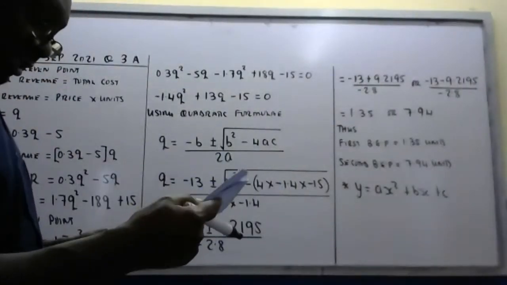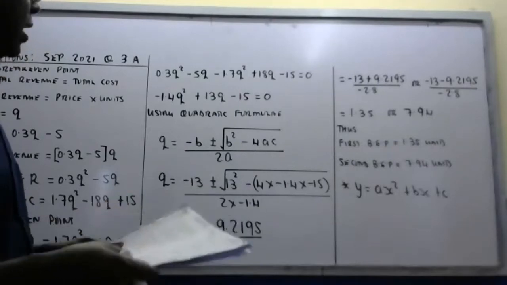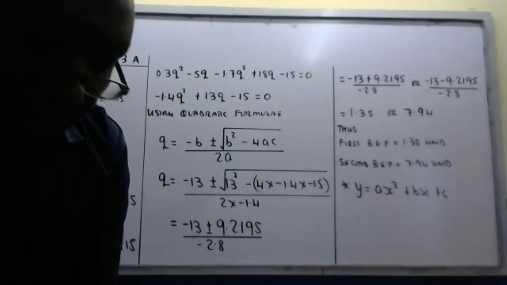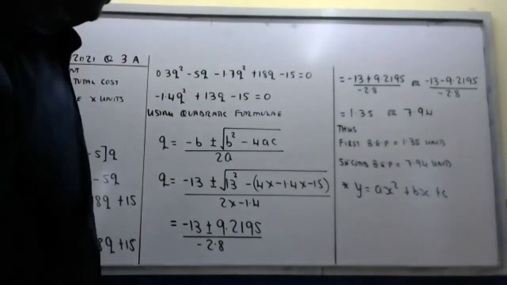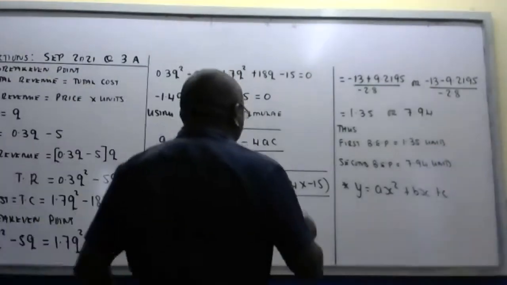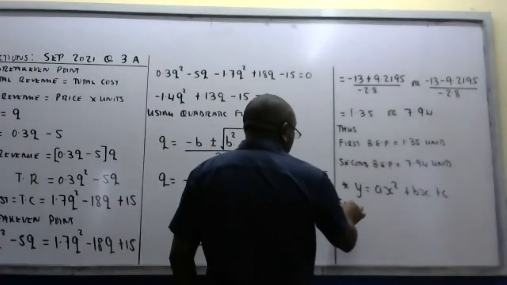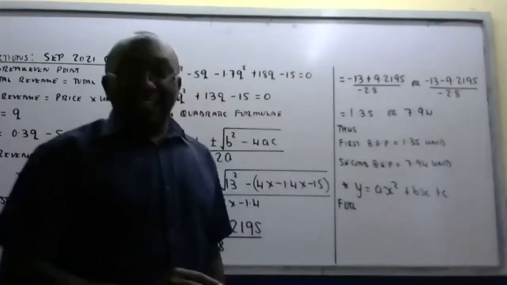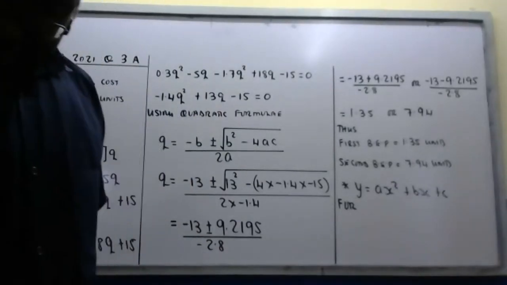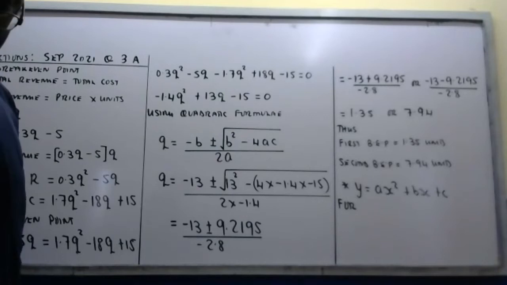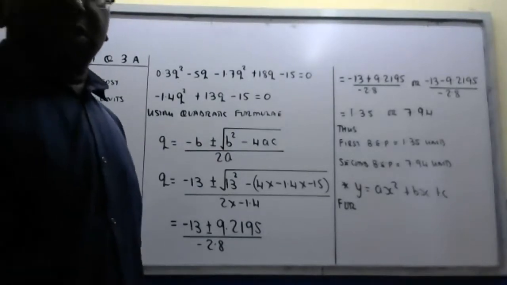So the next thing is the level of output that maximizes profits. That process was 2 marks, but it also is the foundation for the second part.